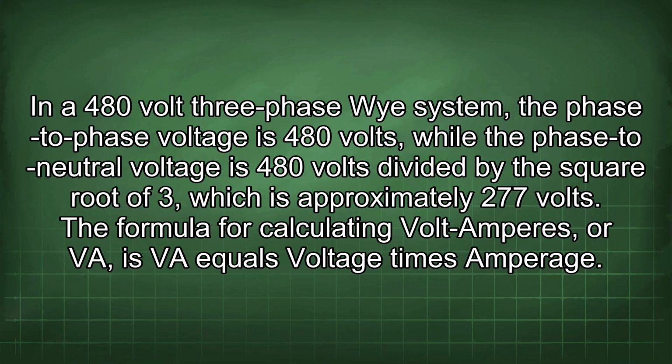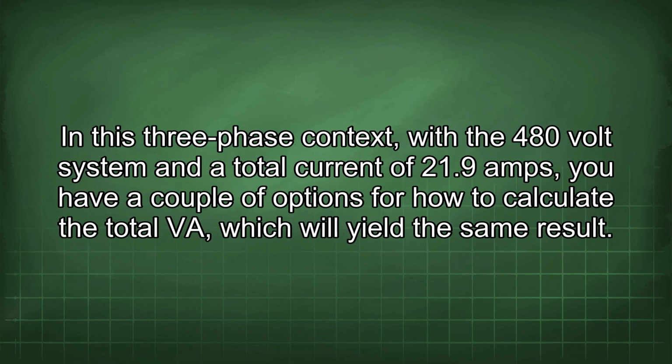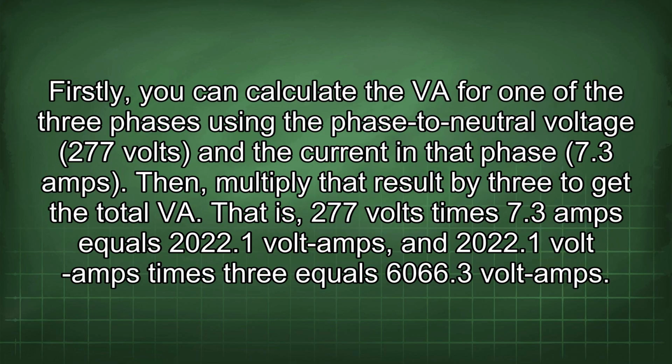The formula for calculating volt-amperes, or VA, is VA equals voltage times amperage. In this three-phase context, with the 480 volt system and a total current of 21.9 amps, you have a couple of options for how to calculate the total VA, which will yield the same result. Firstly, you can calculate the VA for one of the three phases using the phase-to-neutral voltage 277 volts and the current in that phase 7.3 amps.